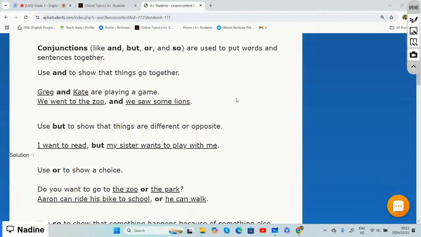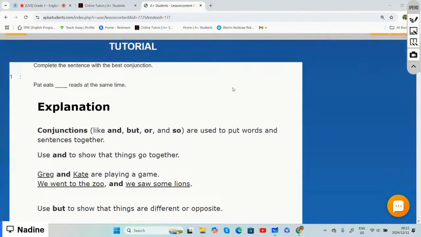All right. So we're going to do an activity and then we're going to our test. We have to complete the sentence with the best conjunction. And we need to use words from here, which are and, but, or, and so. We need to use those words to complete the sentence.